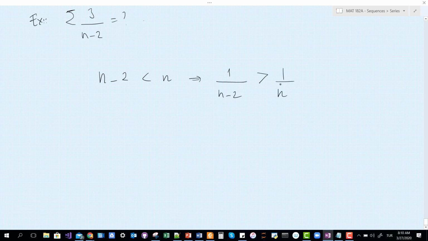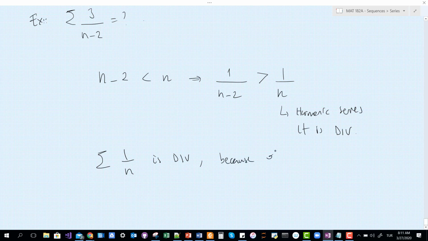And do I know if this series is convergent or divergent? Yes, I know, right? This is my harmonic series, and it is divergent. Since this series is divergent, and using the comparison test, because of the comparison test, I can say that this series is also divergent.